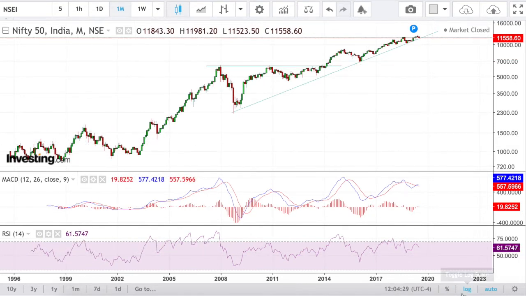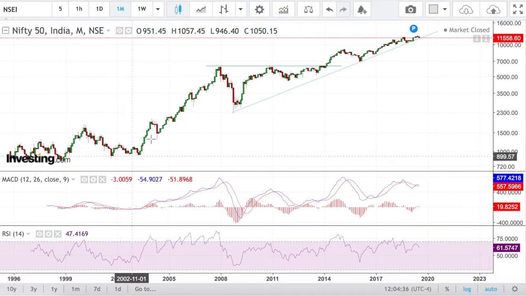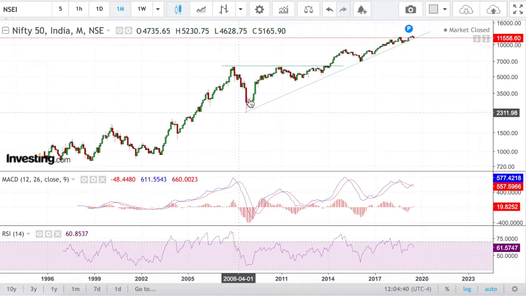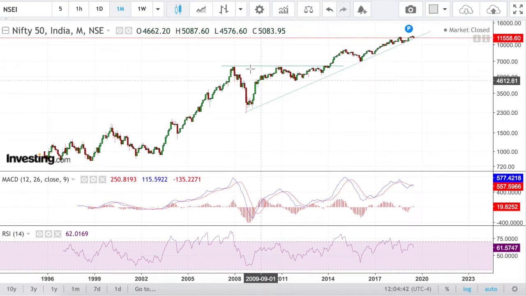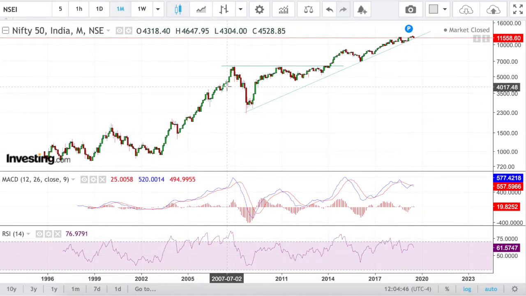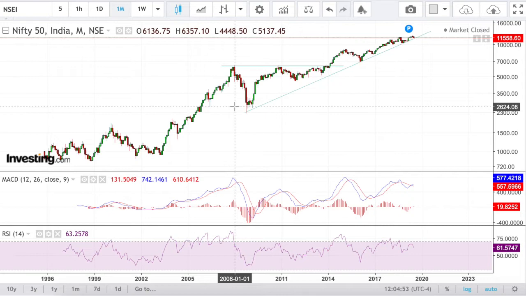And keep in mind that this is log scaling, and this is something you want to do when you're looking at charts that have a huge amount of variety in the prices. What it basically does is put each move in equal proportions, which is not something you have on the normal scaling on normal charts.